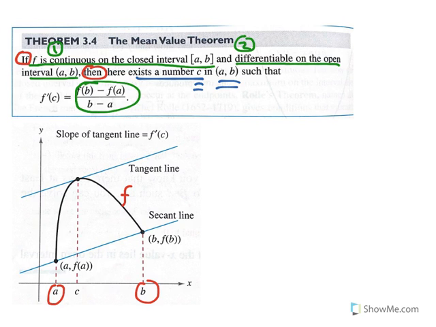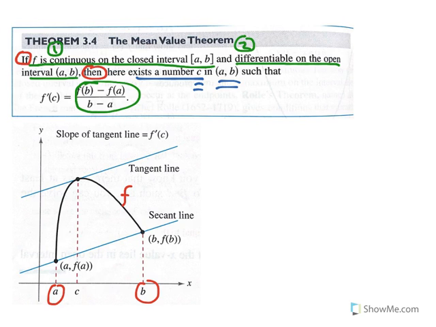But you don't see that here. The graph of the function f is smooth, implying that f is differentiable on the open interval from a to b. Those are the two conditions required by the hypotheses of the mean value theorem.